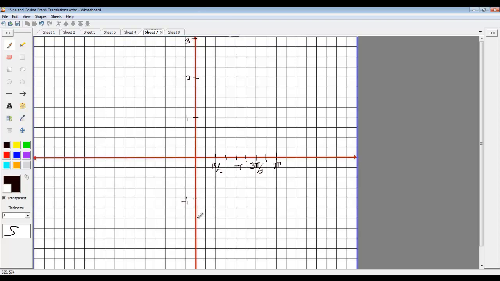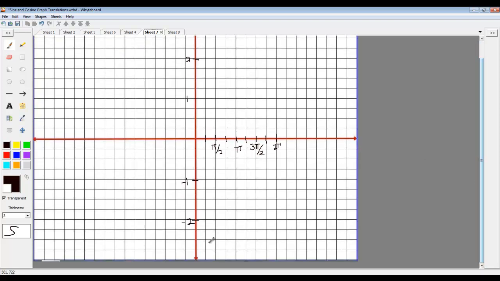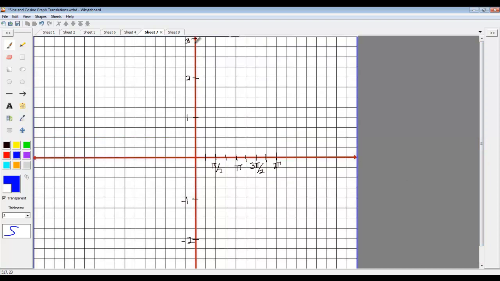Negative 1, negative 2, negative 3. Switch over to blue. At 0, we got 3. At pi over 2, we got 1. At pi, we got negative 1. At 3 pi over 2, we got 1. And at 2 pi, we got 3.